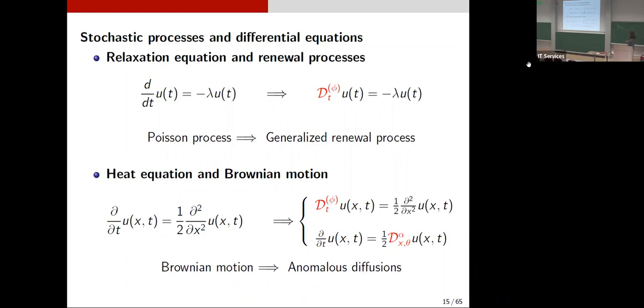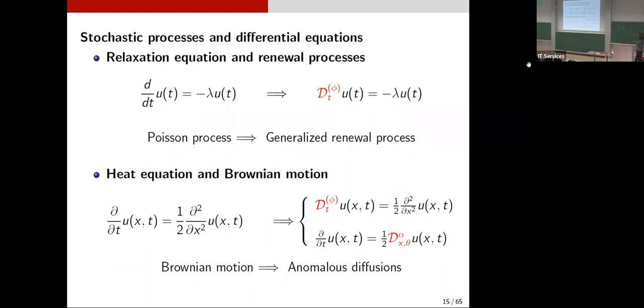And in the case of the Brownian motion, we have a similar modification if we replace the first order derivative with respect to time with the same general fractional equation that I will define soon.